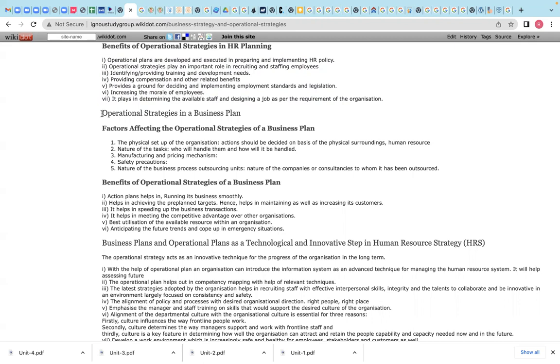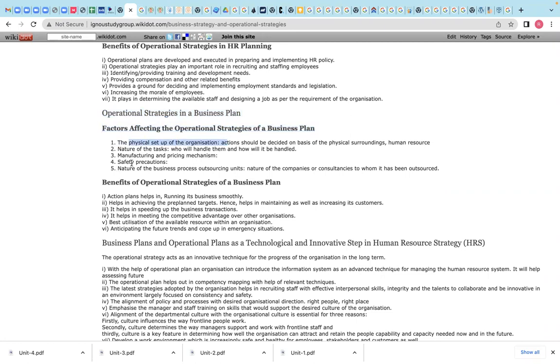Next, going into operational strategies in business plan. What are the factors that are affecting the operational strategy? First, location of the organization itself. The physical location, where exactly the organization is.